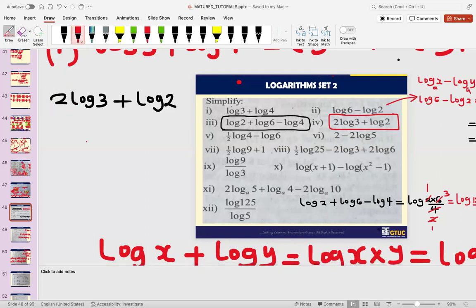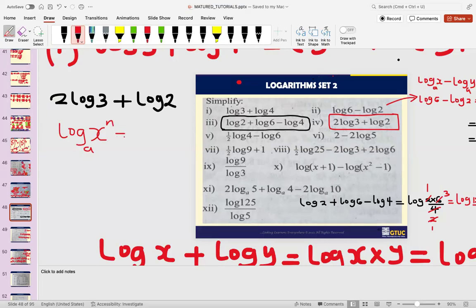and then we can apply the laws. So we recall that law 3, if you remember, says that if we have log a x raised to the power n, we don't entertain powers in logs.